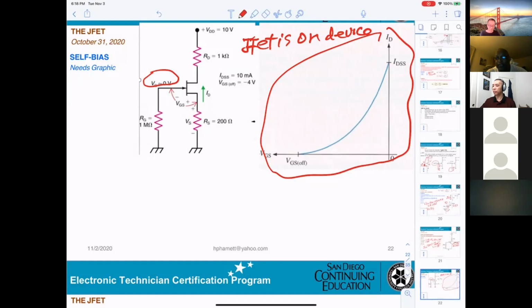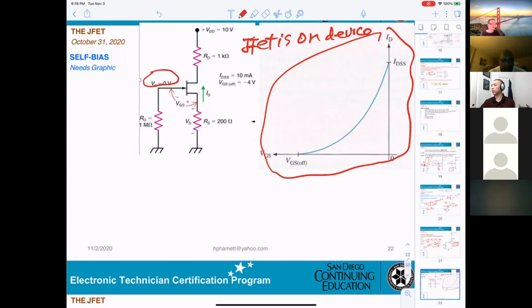Bipolar is the off device. The reason is, if you don't get a voltage at the base, the transistor does not work.